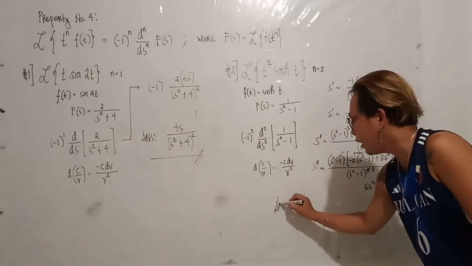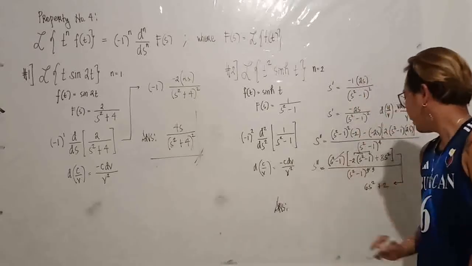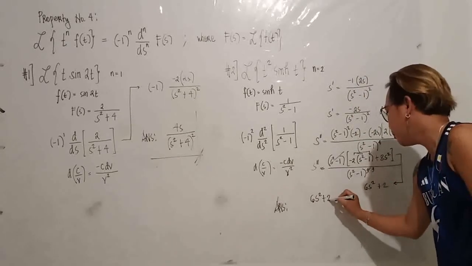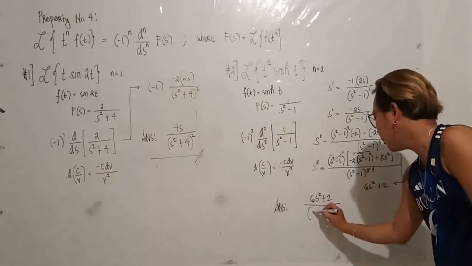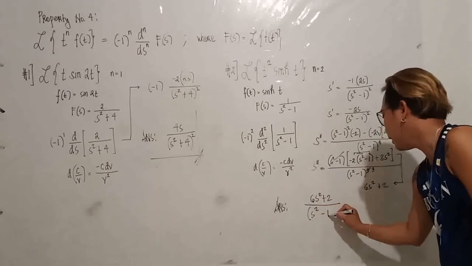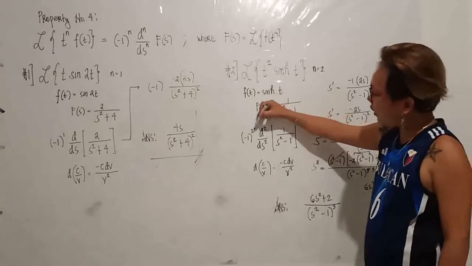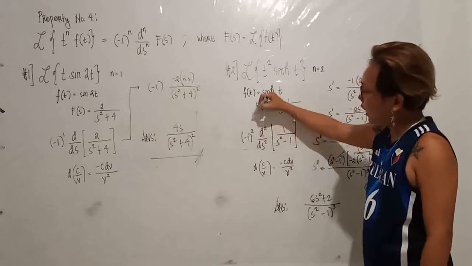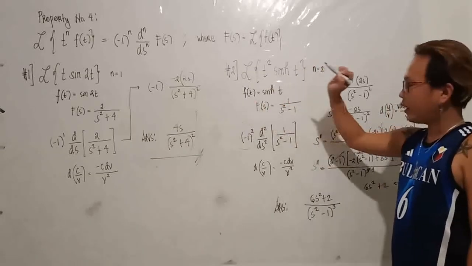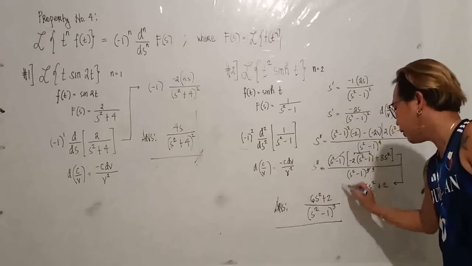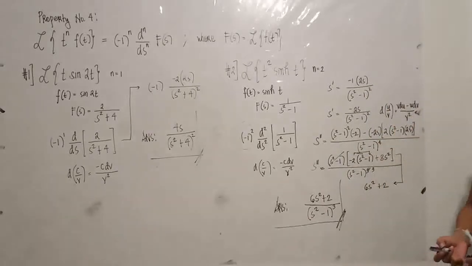Then, for the final answer, that is 6s squared plus 2 over s squared minus 1 cube. Then apply this part. That is negative 1 squared, which is positive 1. So, no effect. So, this is now your final answer.